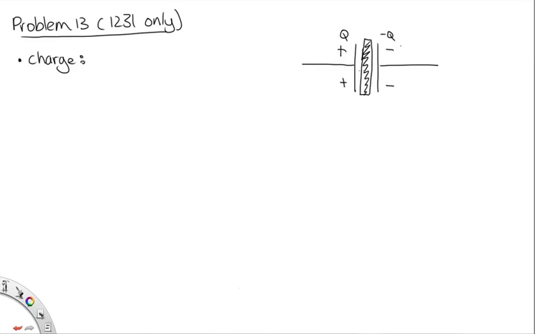Well, putting a dielectric in here isn't going to move charge from one plate to the other, so Q remains the same. We're asked to explain what happens to the capacitance. Well, dielectrics are designed to increase the capacitance, so C will increase.